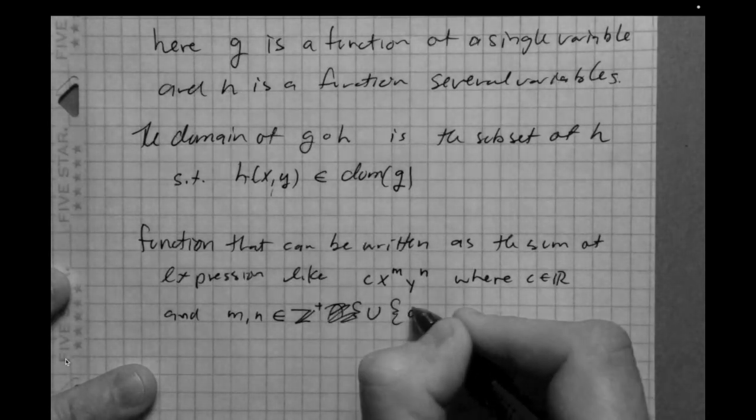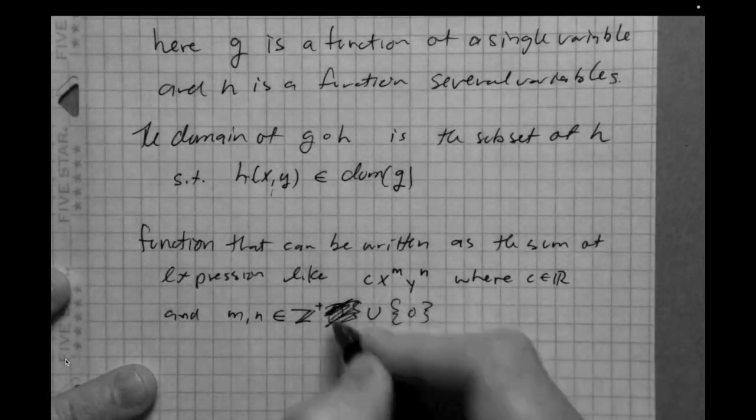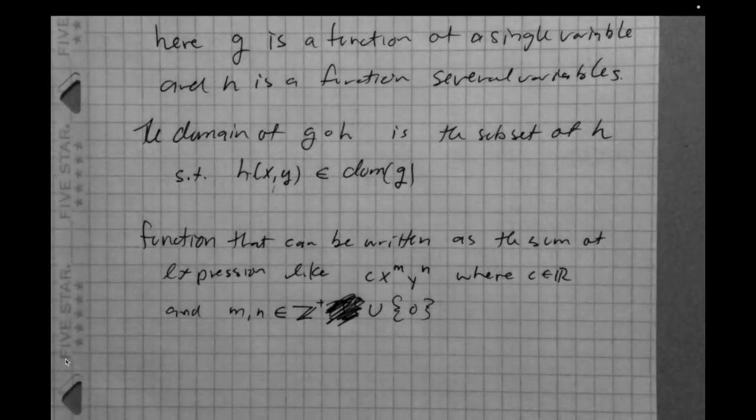or 0, right? So you want to throw the 0 in there as well, of course. So just the same as the regular description of polynomials, with the exponents having to be positive whole numbers or potentially 0. And that's all we're saying here. It's the same definition.